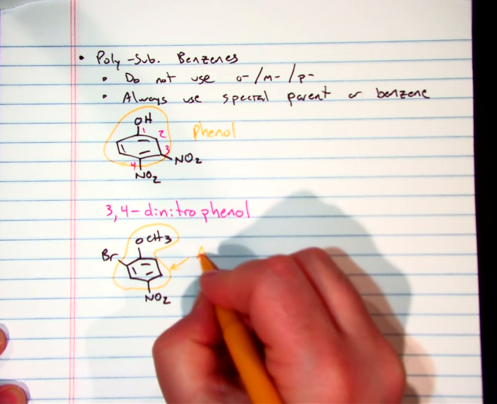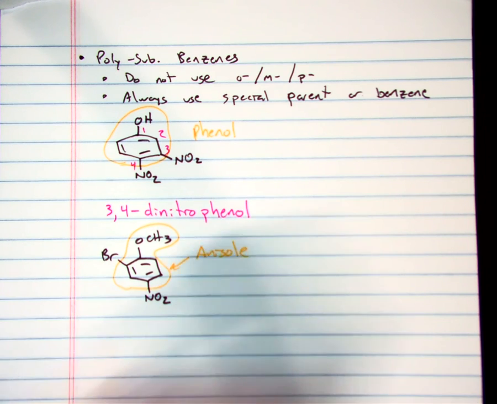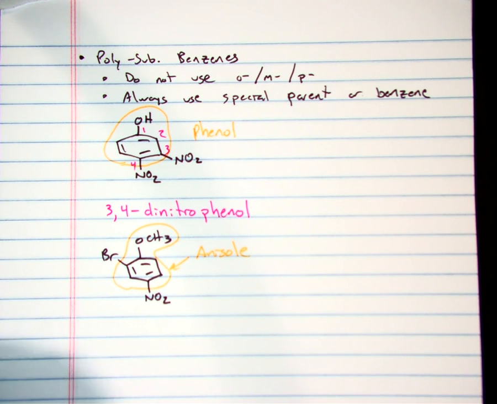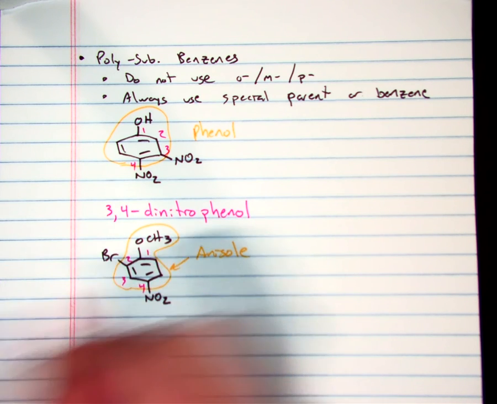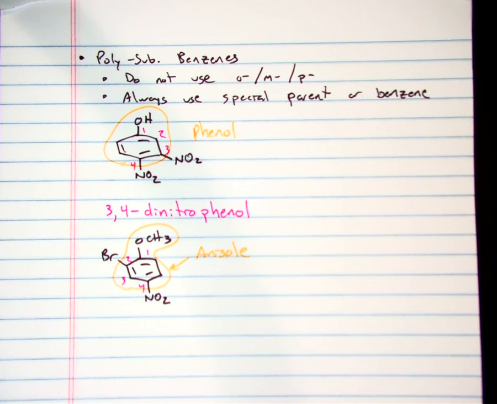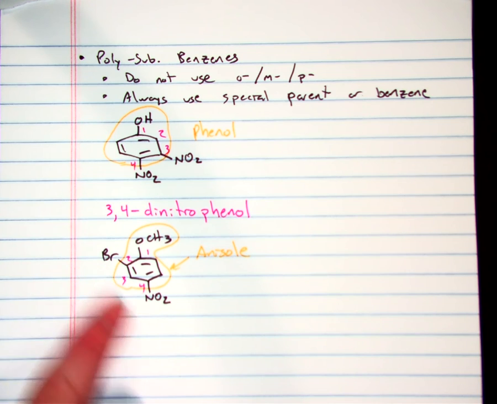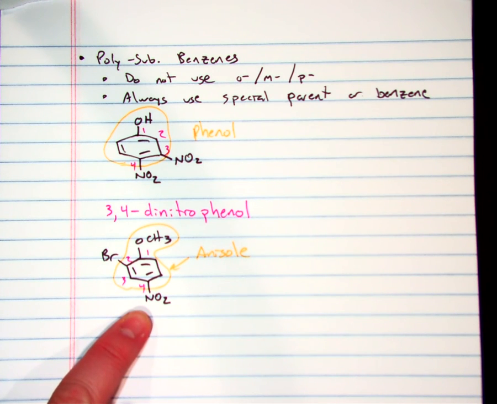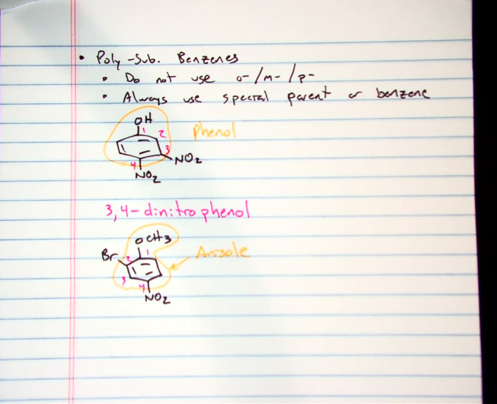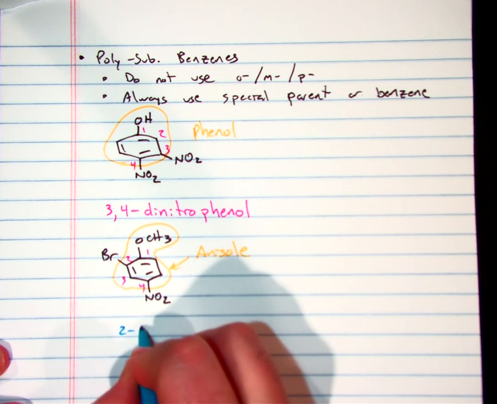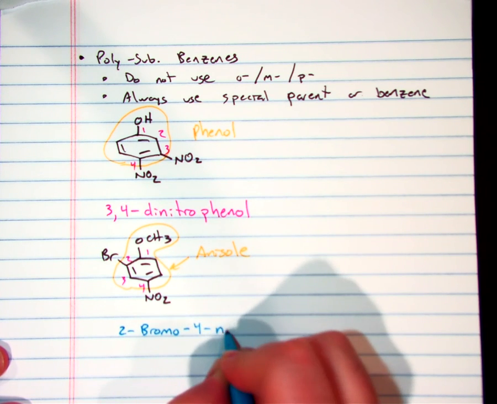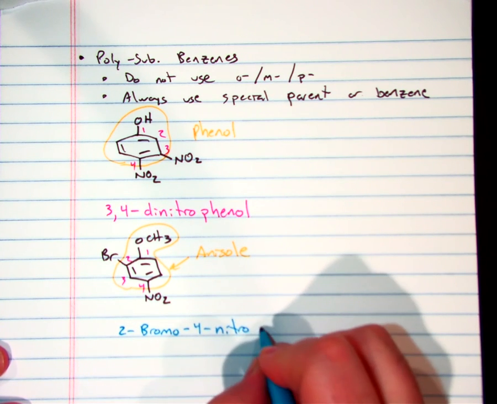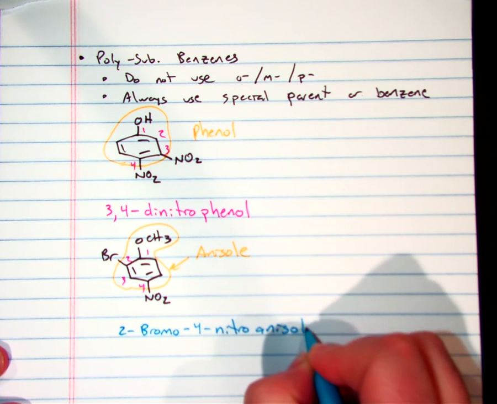So this is an anisole as our parent chain. We start numbering from that anisole. We go 1, 2, 3, 4. So we have a bromine at the 2 position and a nitro group at the 4 position. The bromo in our name is going to come first. So in this case, we have 2-bromo-4-nitroanisole.